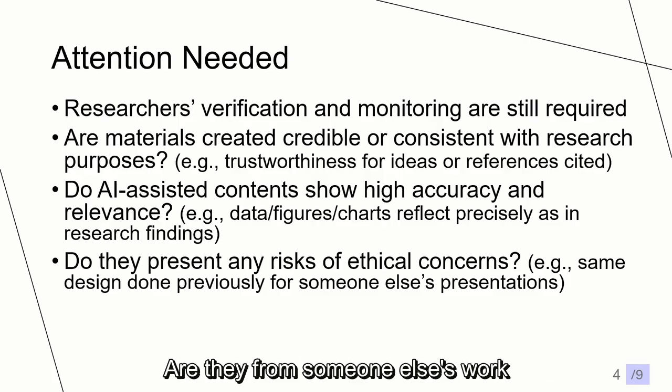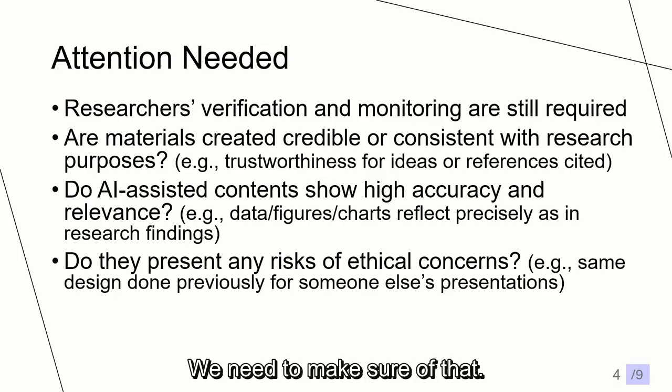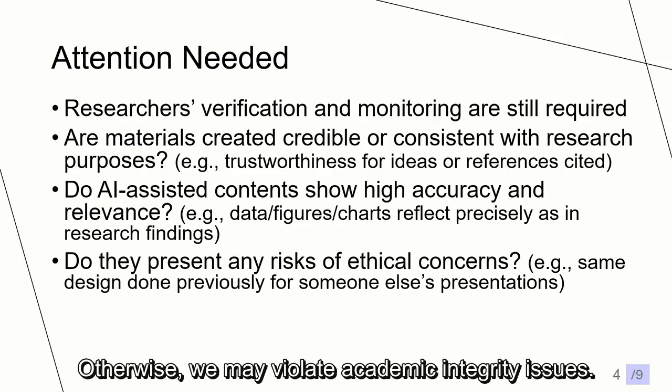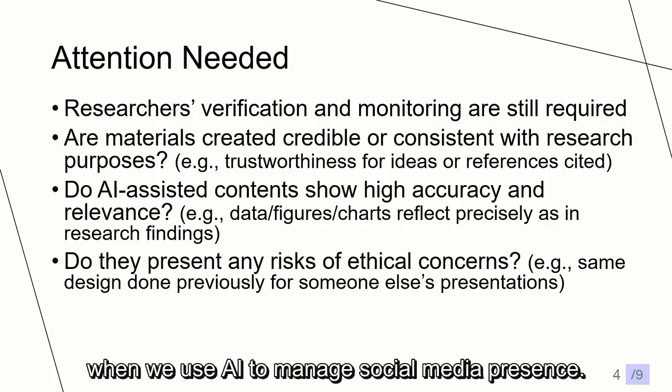Are they from someone else's work, or do they repeat someone else's presentations or images or charts? We need to make sure of that. Otherwise, we may violate academic integrity. Therefore, this is the attention we need to pay when we use AI to manage social media presence.